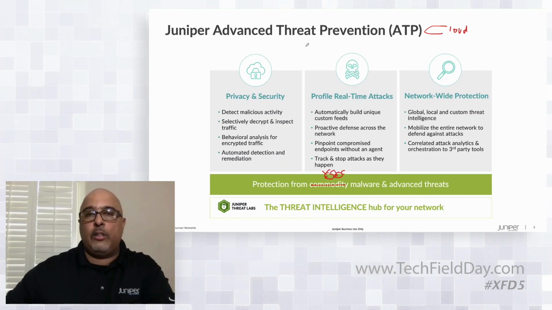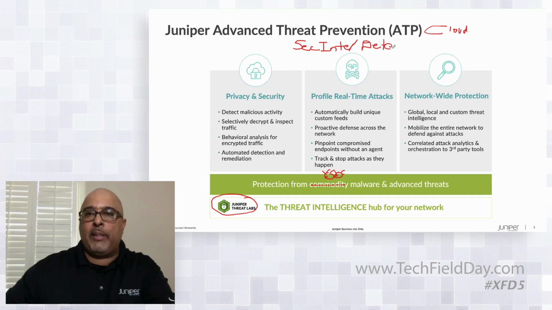SecIntel includes two components. One is SecIntel, and I told you my handwriting is encrypted. SecIntel is a list of curated threat intelligence curated by Juniper Threat Labs, which Monier will talk about later. In addition to SecIntel, we also have detection technologies and capabilities.